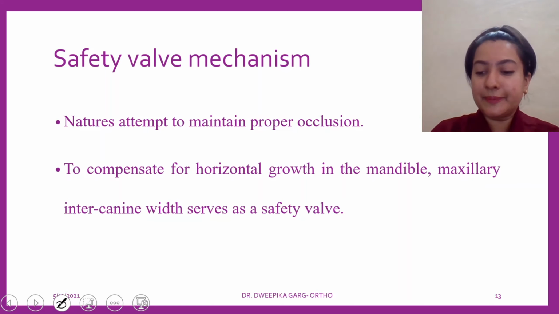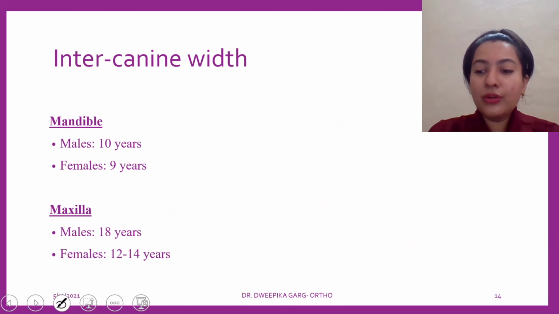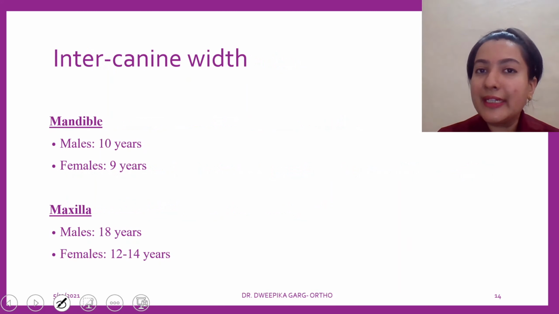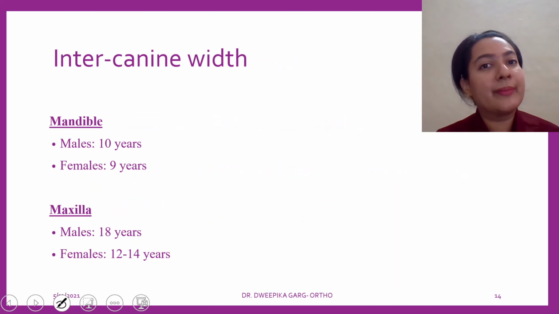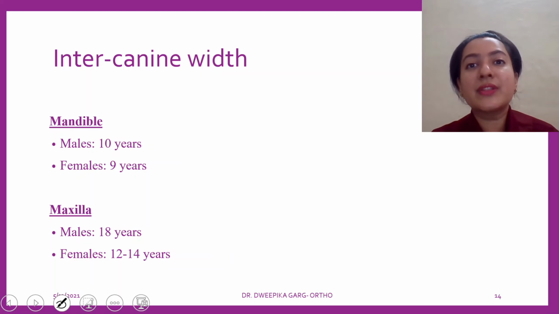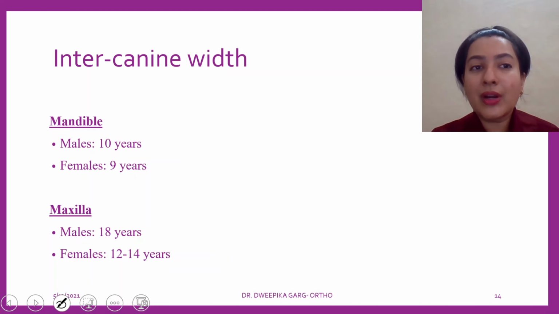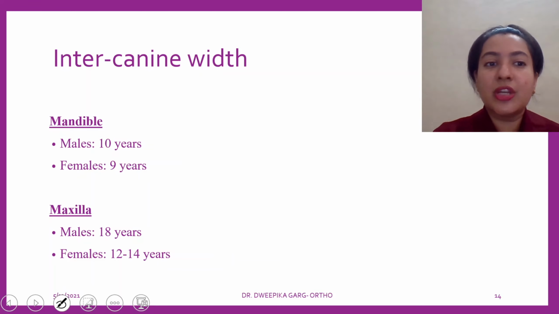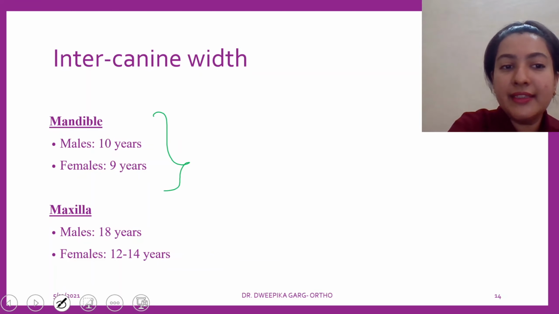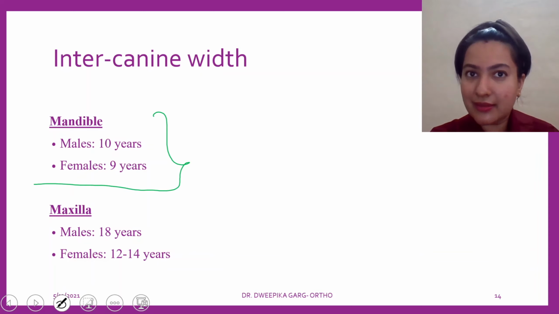How come? Let's see. We all know from the concept of the cephalocaudal gradient of growth that maxillary growth gets completed first, followed by mandibular growth. So my mandible grows late, right? My mandibular intercanine width is established by the age of 9 years in females and 10 years in males.